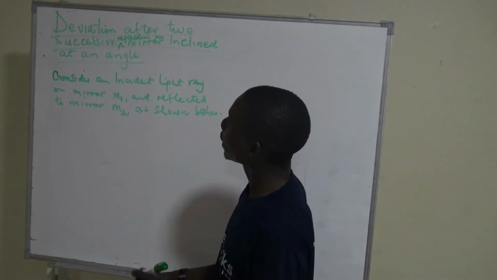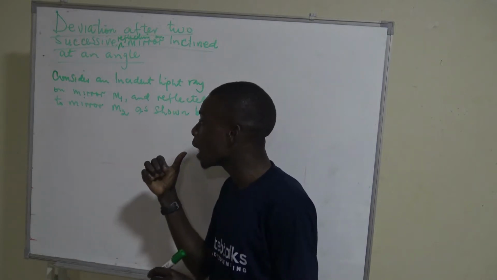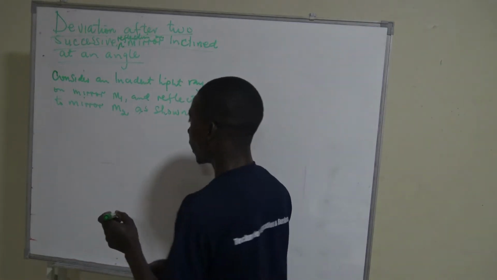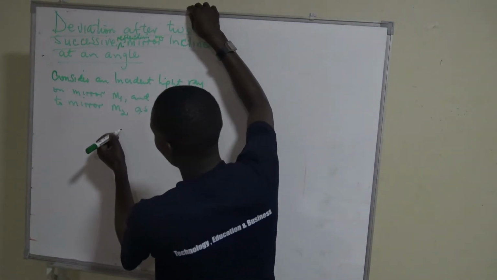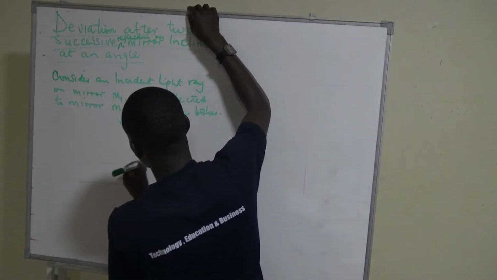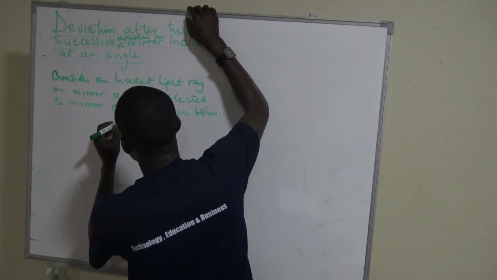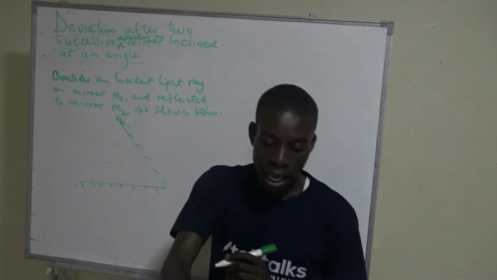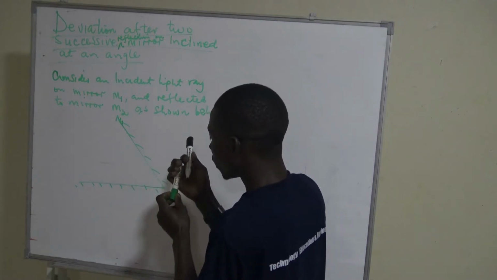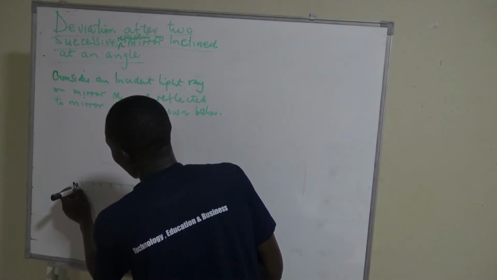So we are trying to look at a ray which is incident on a plane mirror, the first mirror, and then it is reflected to the second mirror, and then the second mirror will reflect it away as shown below. Let's have a simple sketch for that. If I have this as my mirror M1, and then this is M2.